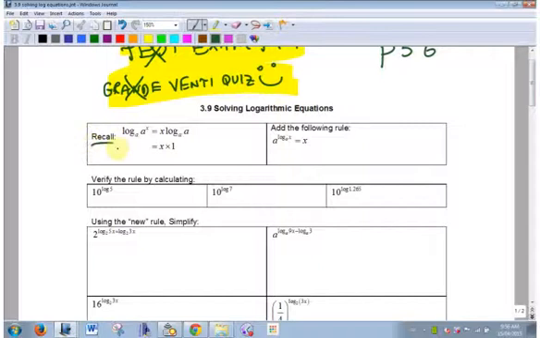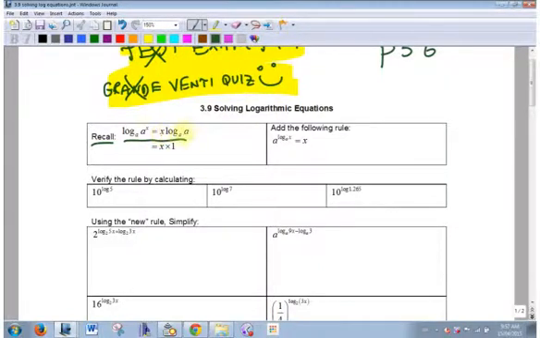Okay, recall. What's the name of this thing? Some rule, some law, if you will, of logs. No peeking, Will. What's that called? Power rule.